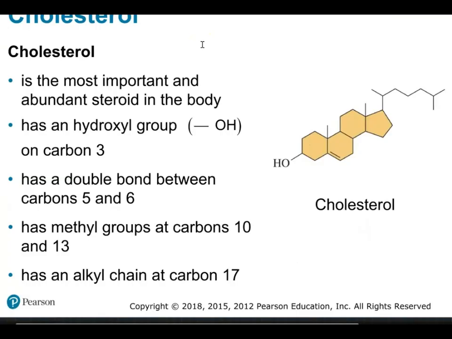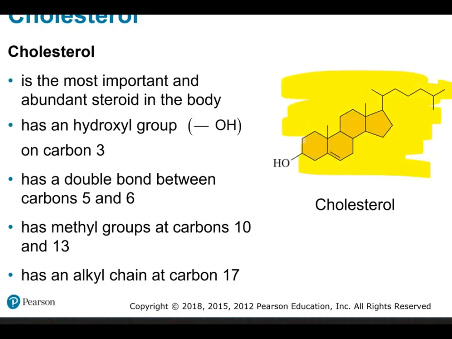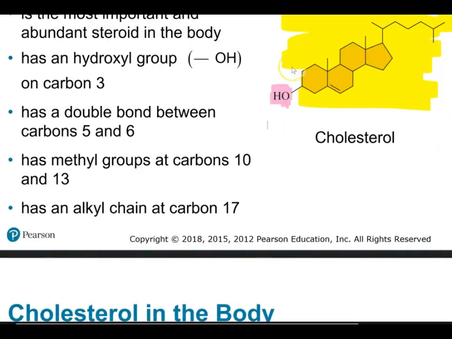So cholesterol is the steroid that's found in the body. It contains a really, really big nonpolar chunk. Okay. And this tiny little hydroxyl group, which makes it just a tad polar.